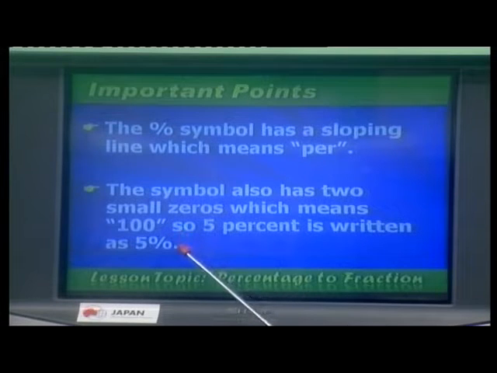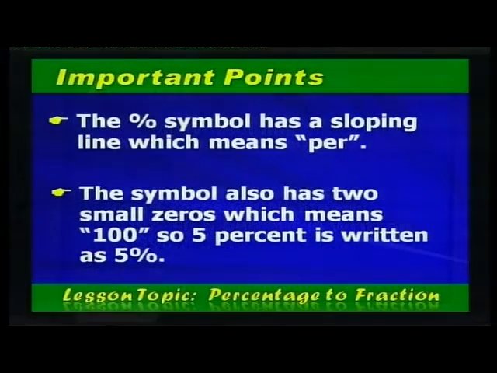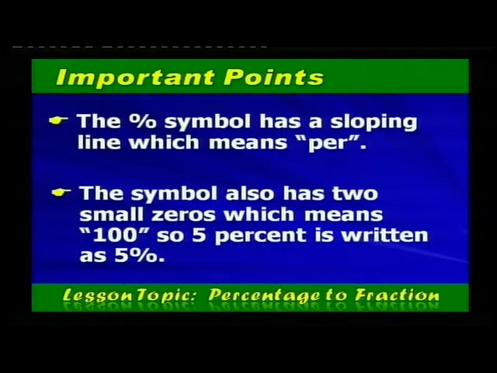The symbol represents percentage or percent. So these are some of the things that we are to consider when we are trying to change a percentage to a fraction. We must know a percentage must always be written out of 100 as the denominator. And then from there you can simplify if possible.